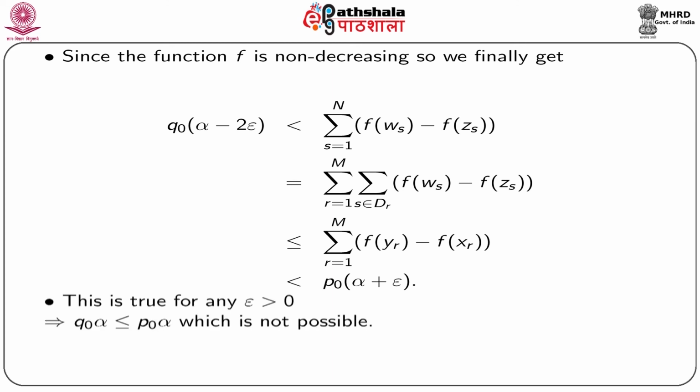This is true for any epsilon greater than 0, which implies that Q0 alpha ≤ P0 alpha, and since alpha is a strictly positive number, we can cancel it from both sides, and we have Q0 ≤ P0, which is not possible, as by our assumption Q0 is greater than P0.